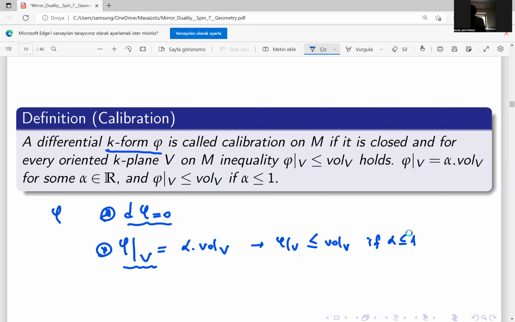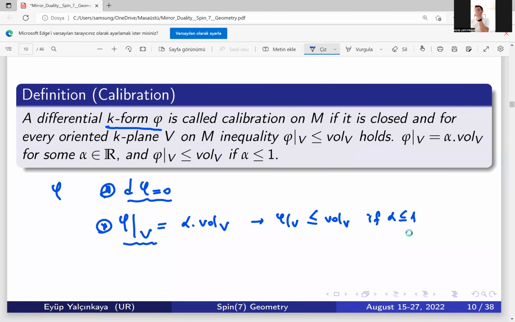If you have the Kähler form, a closed form, and this Kähler form satisfies the Wirtinger inequality, it has to be smaller than or equal to 1. You can find such a special form. Again, we will change the form, but the importance of this theory is that you can find new types of minimal submanifolds.